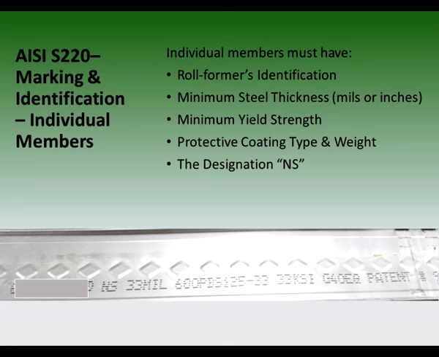This can be omitted if the standard G40 coating is on the studs. Also included is the designation S for non-structural studs, and although not required, EQ may be listed for coatings on some studs.